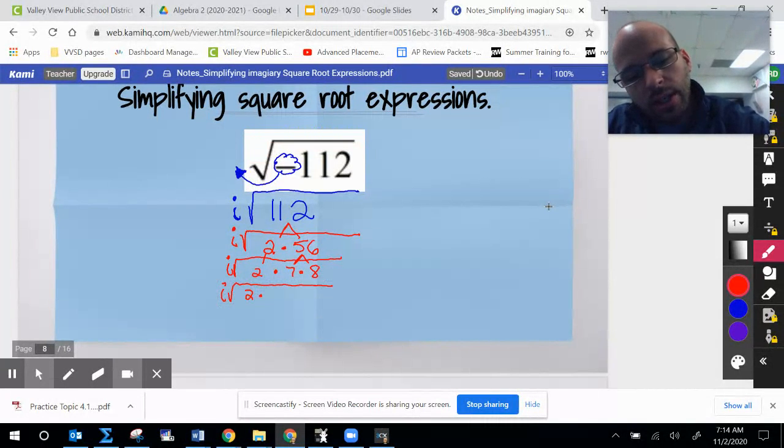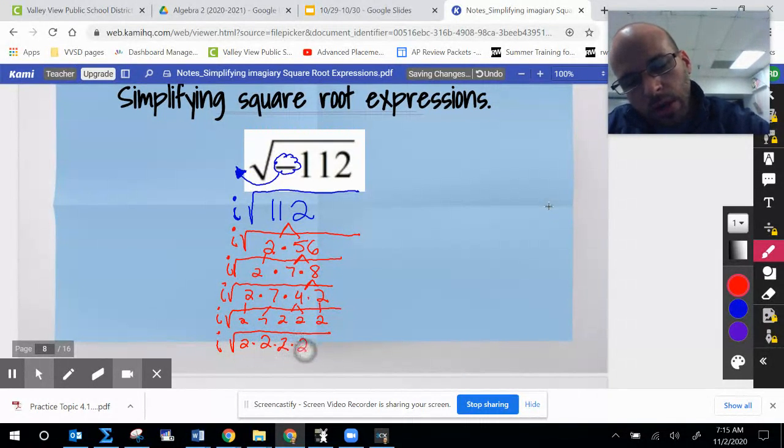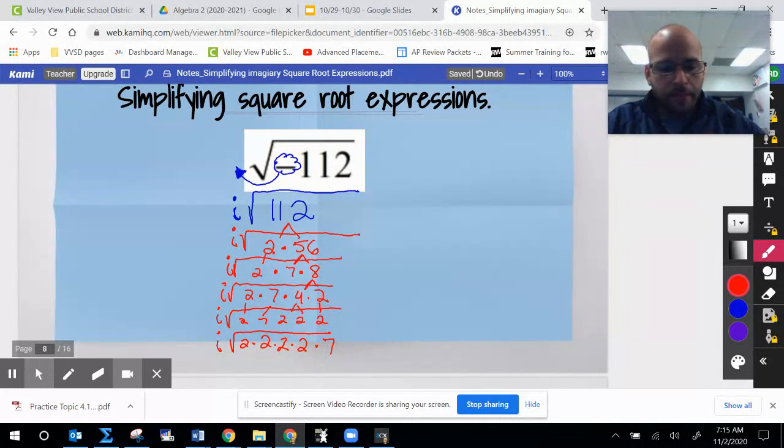I have a 2 times 7. I can break the 8 down into 4 times 2. Notice I'm just breaking everything down here. So 2 times 7. The 4 can be broken down a little further. So I am going to write this. I have 4 2s, so I want to make sure I write all 4 and a 7.